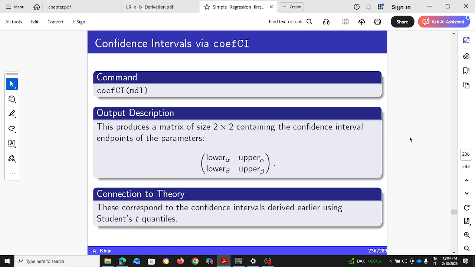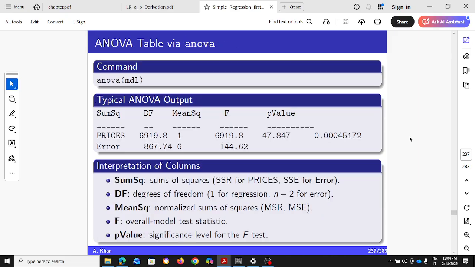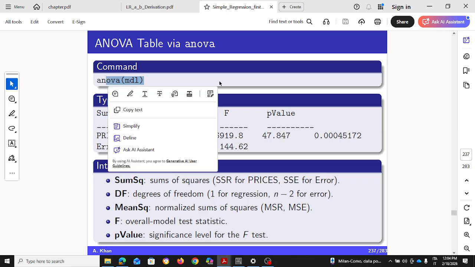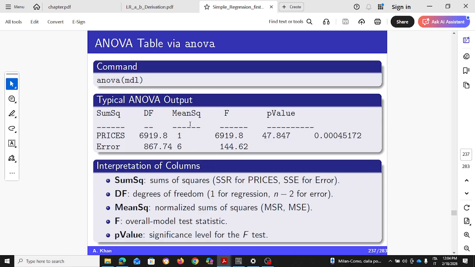So just with one line you have both confidence intervals. And the command anova gives you these results: the Fisher value, the p-value, the mean square, and everything.